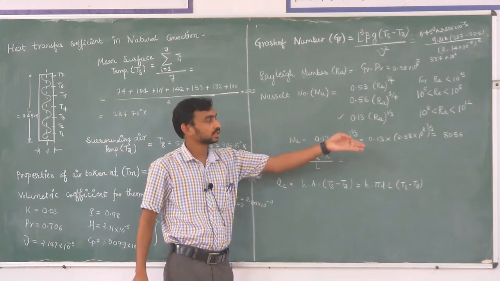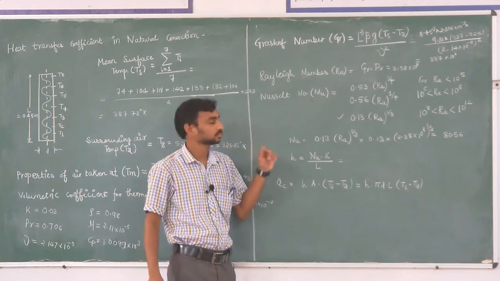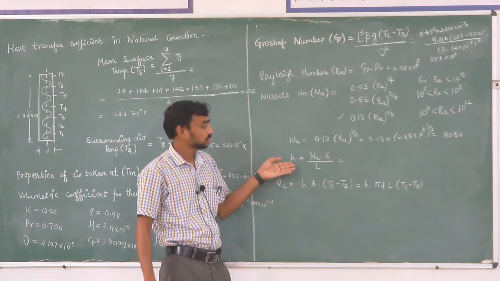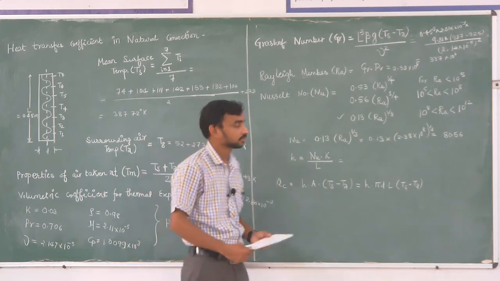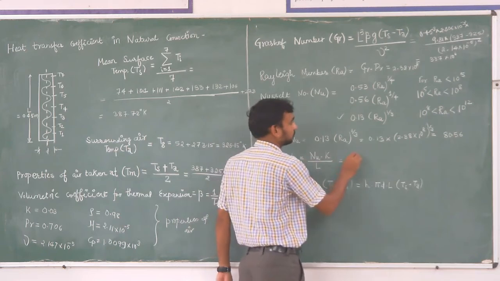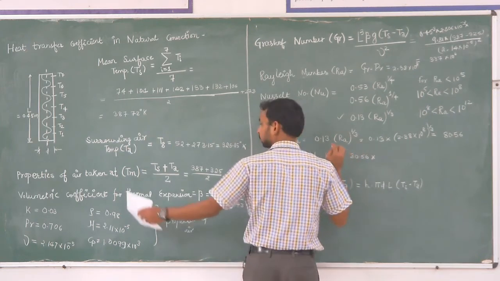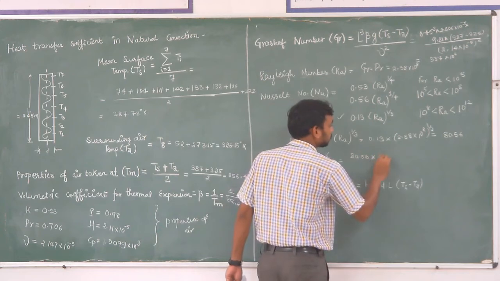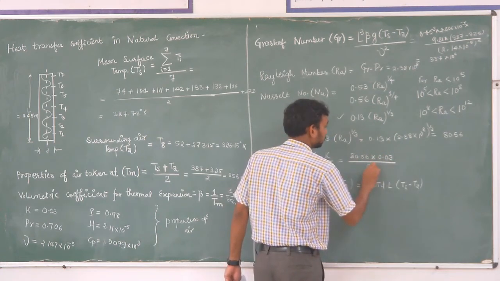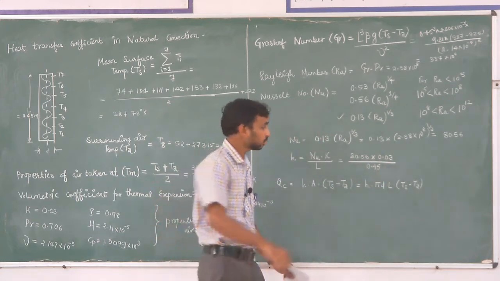So, this is our Nusselt number, and once the Nusselt number has been calculated, we can easily find out the heat transfer coefficient. This is 80.56, thermal conductivity of air 0.03, length 0.45, 450 mm, the length of the rod.